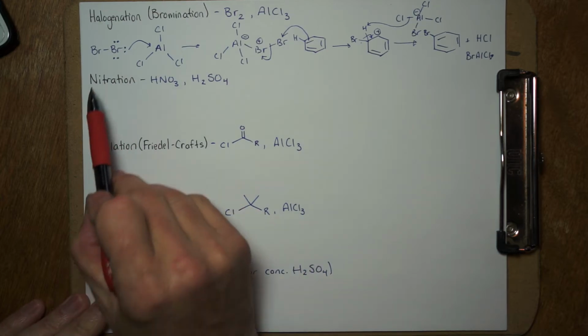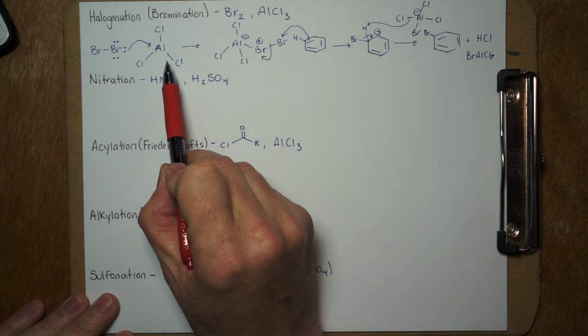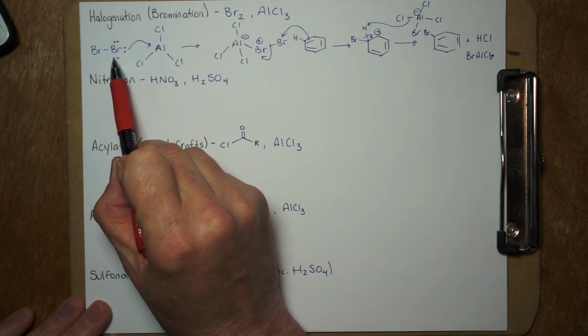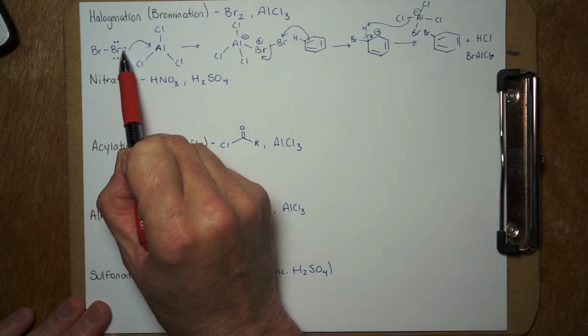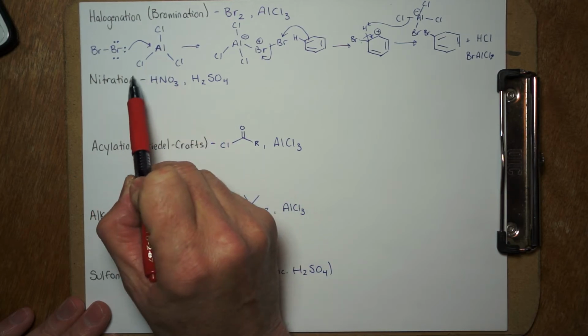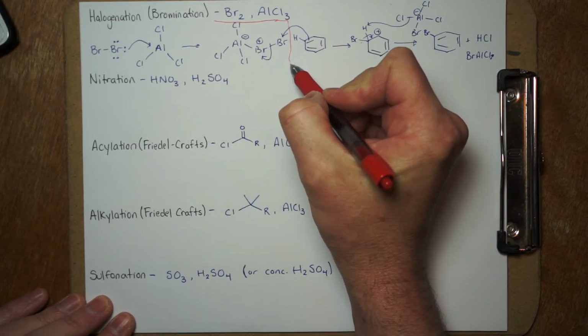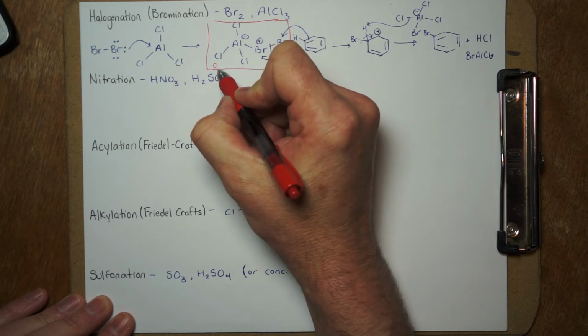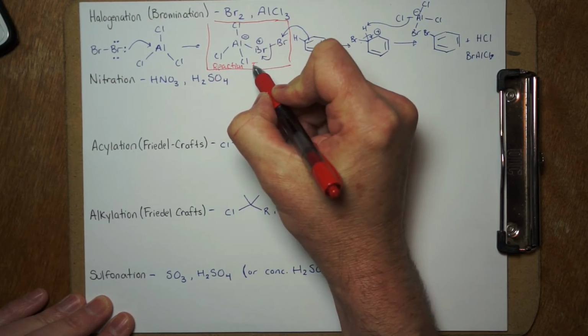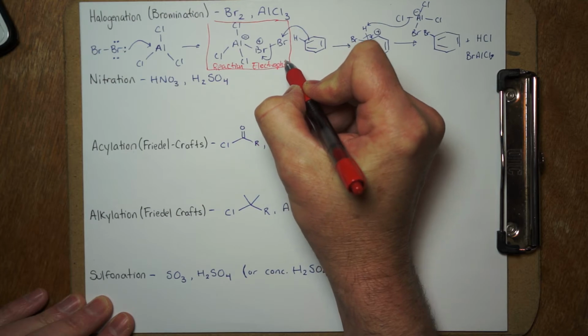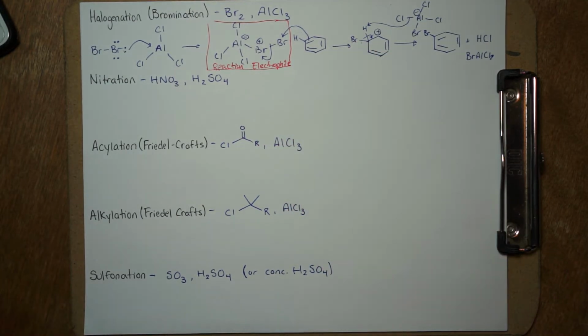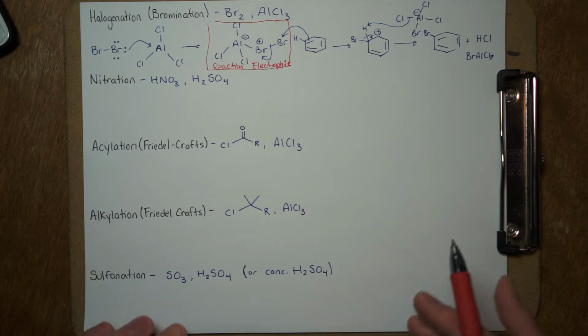All right, so in this halogenation, right, we're taking our catalyst, which is aluminum chloride. It's a Lewis acid catalyst. The Lewis base that's going to react with it is bromine. So a pair of electrons from bromine add to aluminum. We form this tetrahedral electrophile, and so this is the electrophile in the reaction. All right, so remember I said that the only difference between these reactions mechanistically is the electrophile that's used for the addition, and then the base that's used for the elimination.